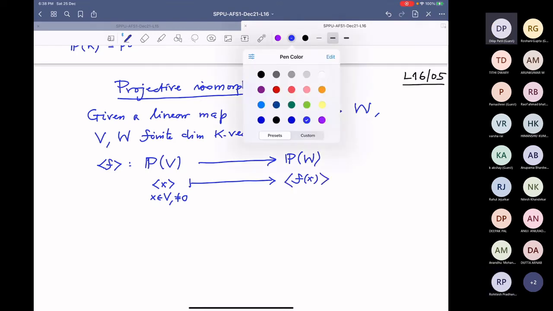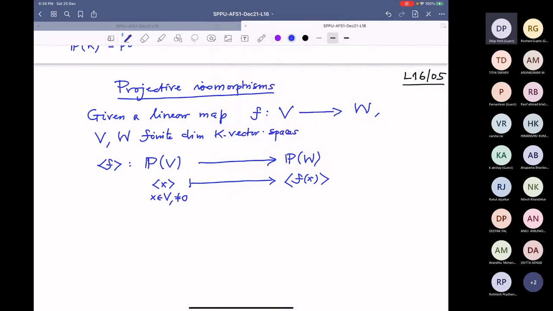So it's not an arbitrary linear map. Let me just say that I take a bijective linear map. And writing a bijective linear map is saying that this is an isomorphism of vector spaces.